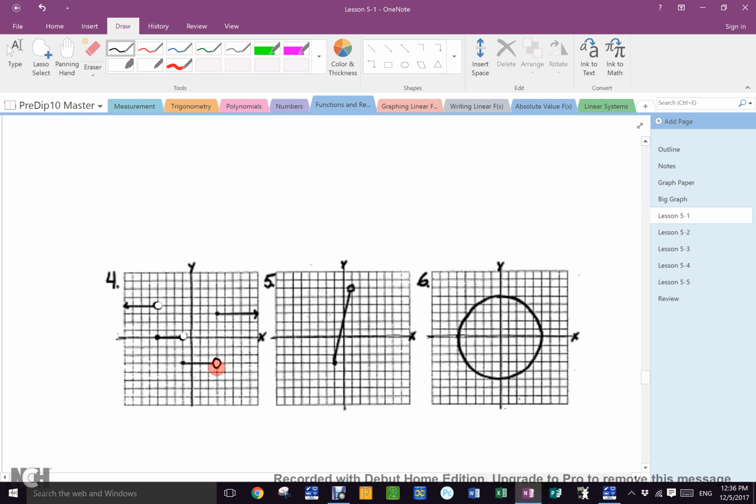I'm getting to that. Number 5, 1 open dot.